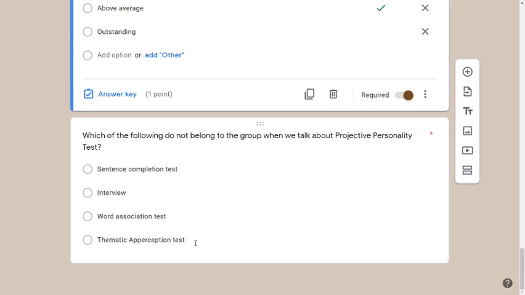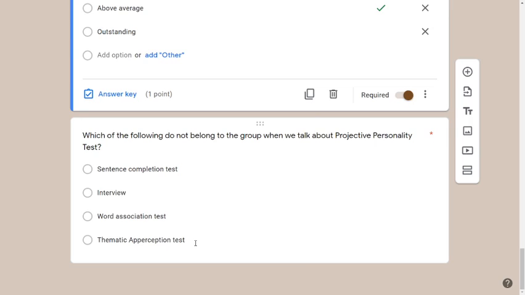So now we're left with two: sentence completion and interview. Let's start first with sentence completion because it's longer. It's also something that Boy Abunda uses in his interviews. He would usually have a phrase or a sentence and leave some part blank, for example, I love to blank.